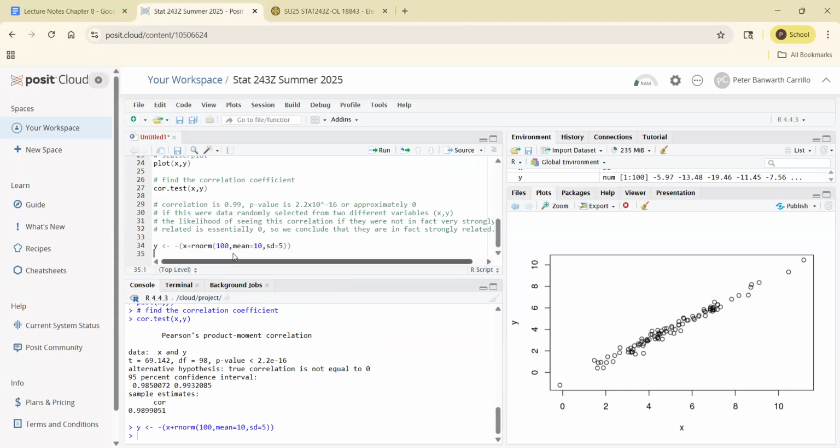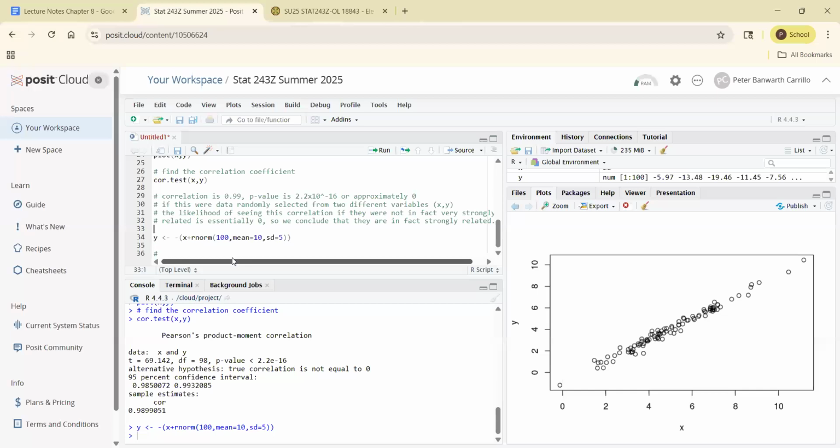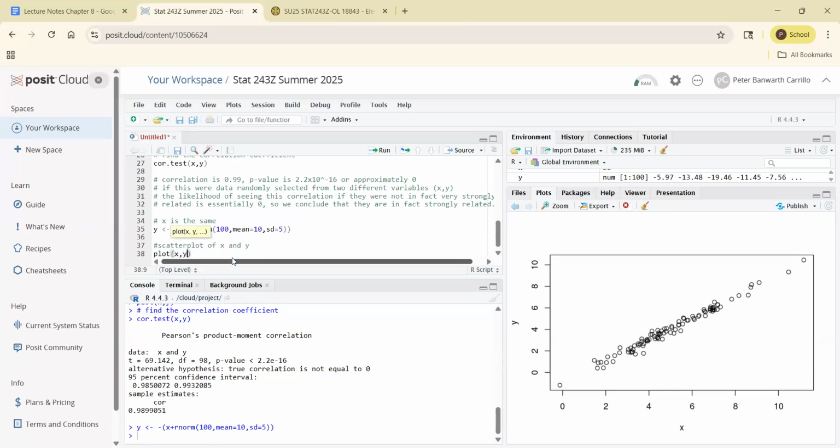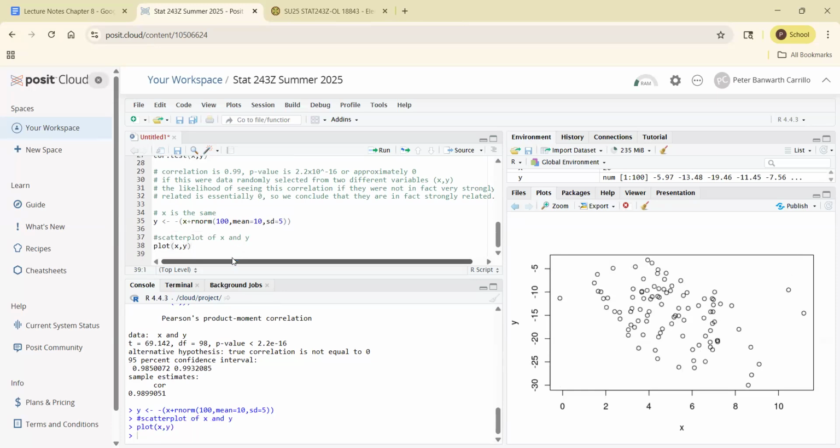Okay, so let's plot those. And there we have our data.